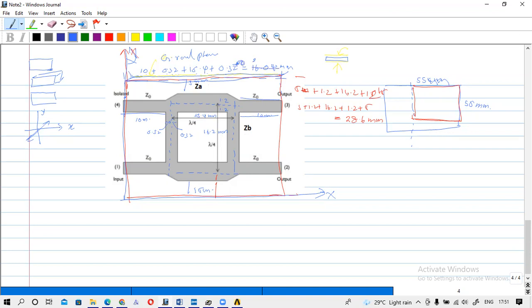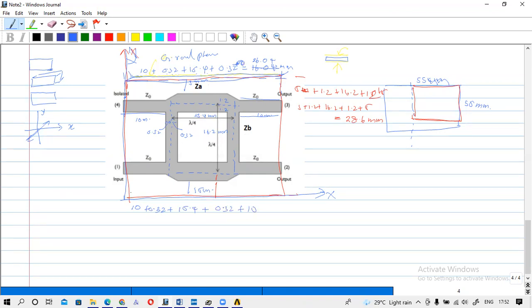So this will be 26.04. From here to here, I have to add 10 millimeter, then 0.32 plus this length 15.4 plus another 0.32 plus 10.